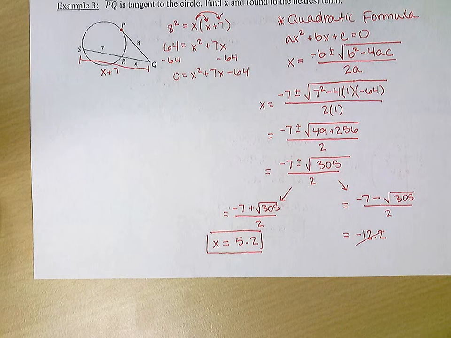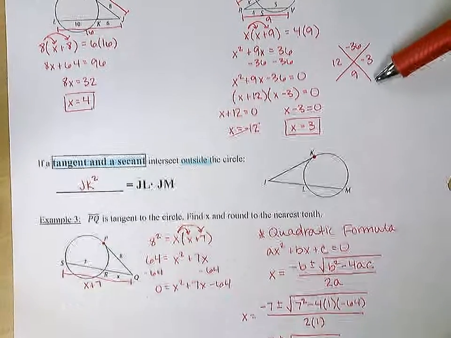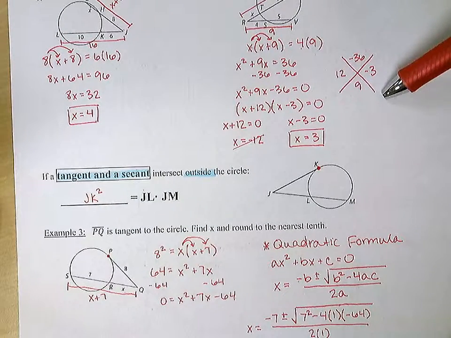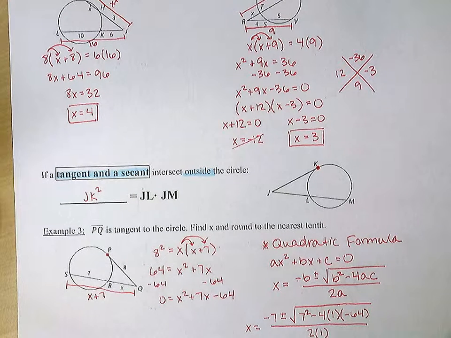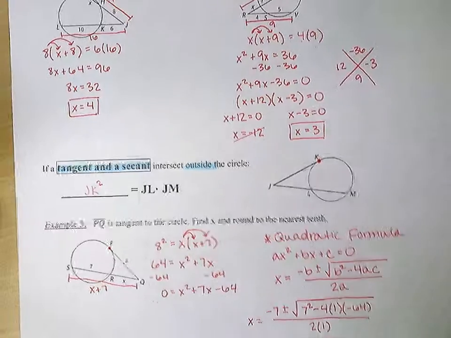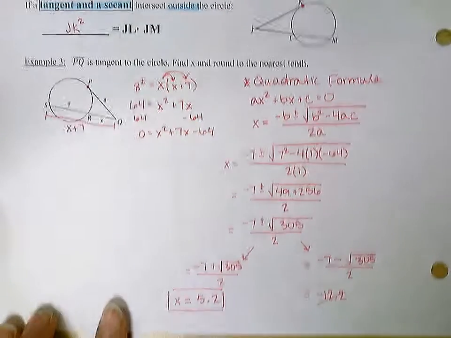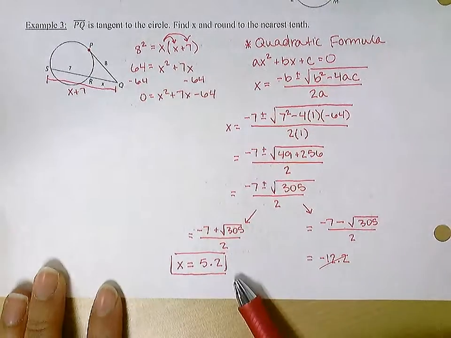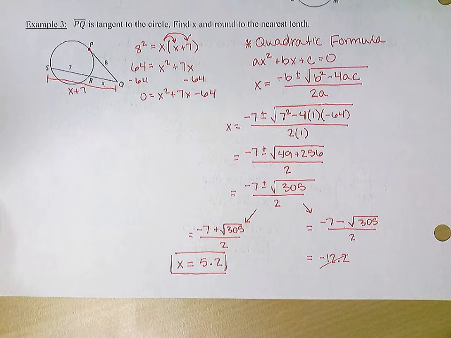Okay, so for the one that we did in number 2, if you'd rather just use the quadratic formula, plug in those numbers to get your answer, you can do that. You'll get the same answer. Okay, so if you don't want to factor, you don't have to. You can always just use the quadratic formula to get your answer. Okay. Any questions?